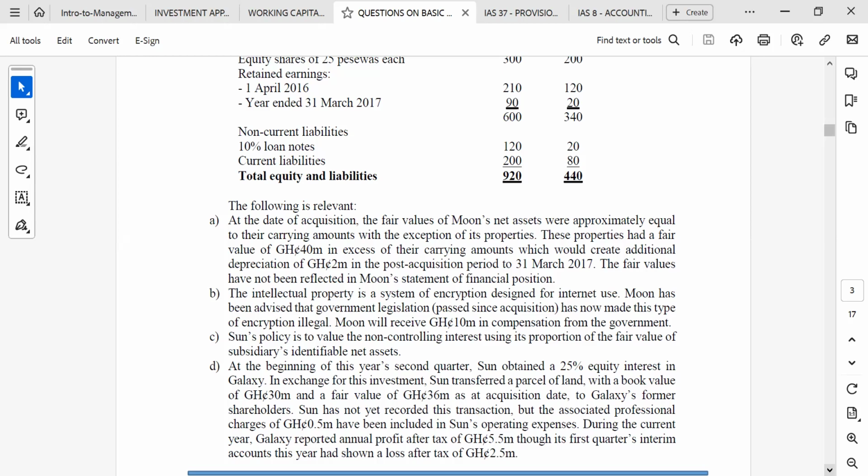Was it illegal at acquisition? What shows that it was illegal at acquisition? We say past tense, since acquisition. Okay, so if the law has been there since acquisition and they are not enforcing the law, was it illegal? So this one will not take a retrospective.